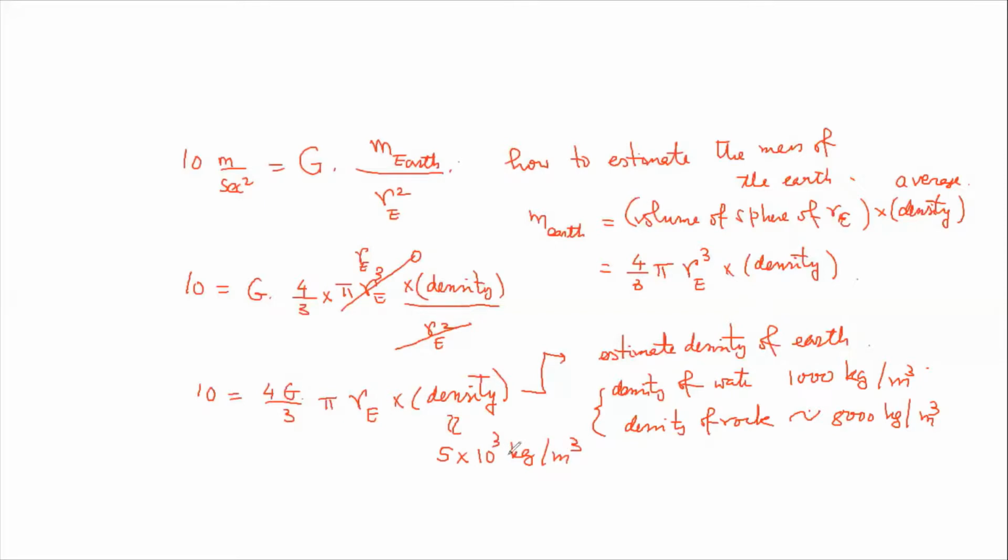Okay, so now we have got everything except that you have to know the value of the radius of the Earth. The radius of the Earth is approximately, if you think of it as a perfect sphere, 6,371 kilometers.